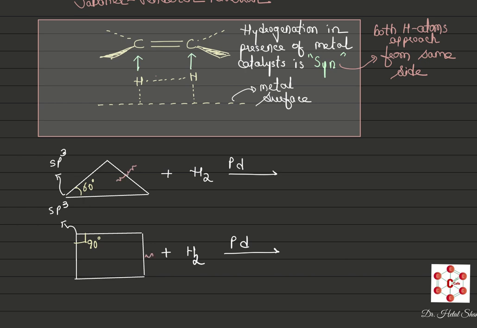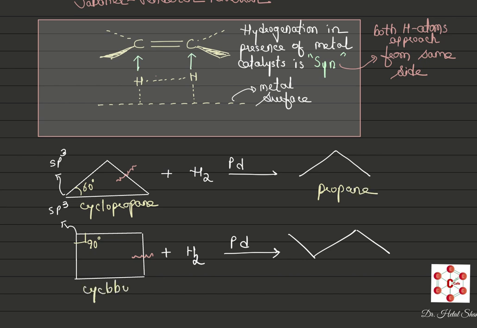Any one of these bonds break open. A cyclopropane would open up and become propane. Cyclobutane would open up and become butane.